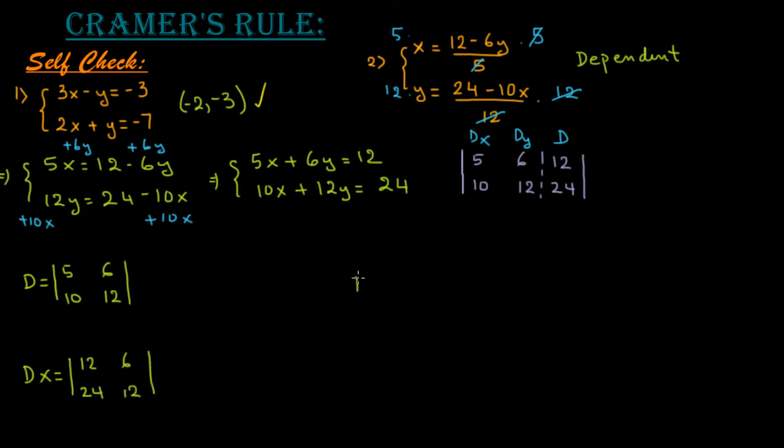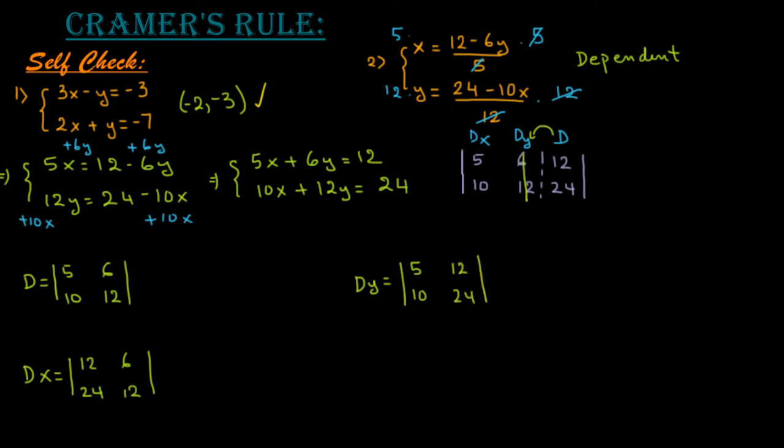Next one is dy. dy will be equal to, so I cross out the y column and replace it with the constants. We will have 5, 10, and 12, 24 is the determinant for dy.